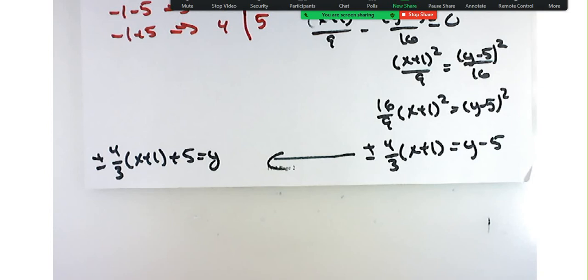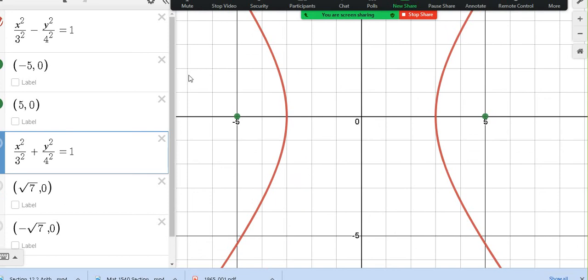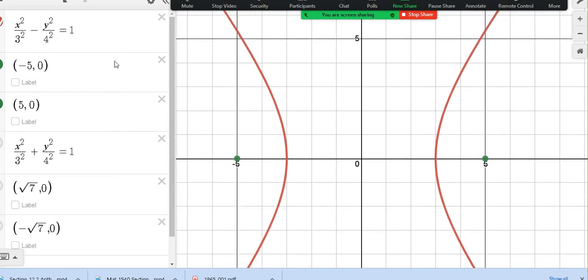One last little comment here from myself. One thing that happens quite often is that it's easy to get confused about finding c. c is the distance to your foci. And sometimes people mix them up. That is, this is a hyperbola. It should be c squared equals a squared plus b squared.